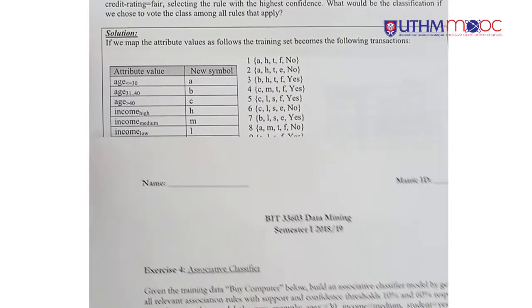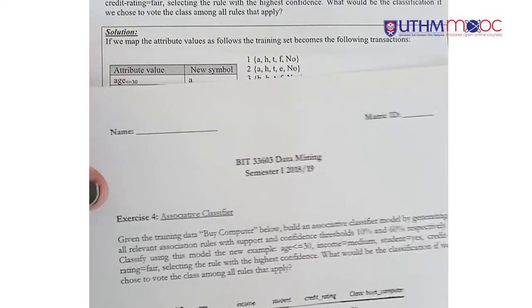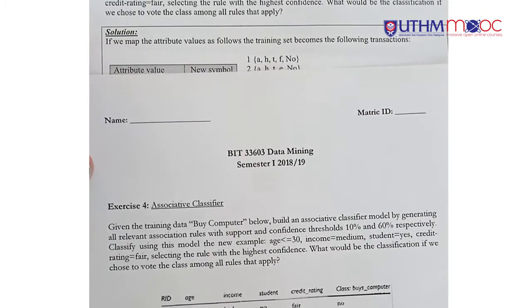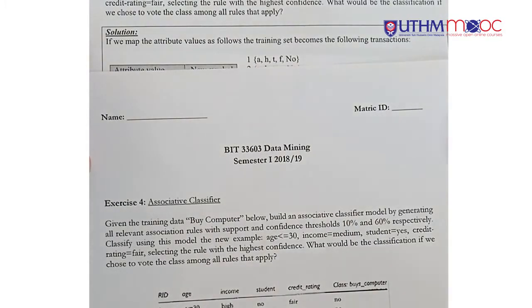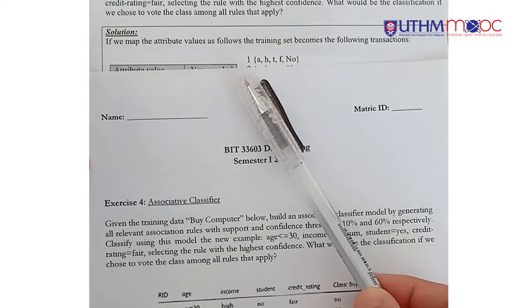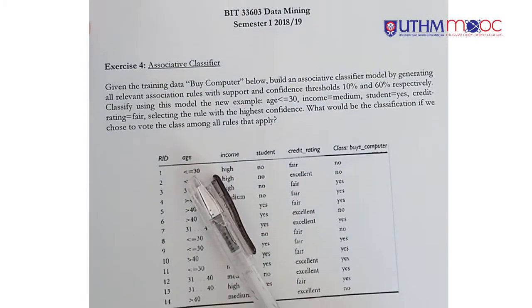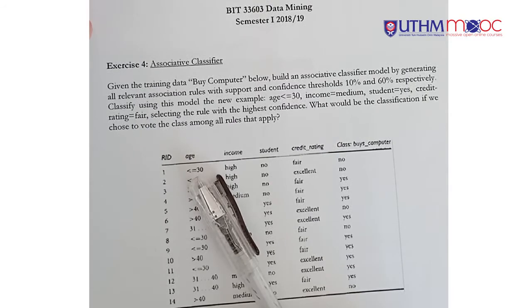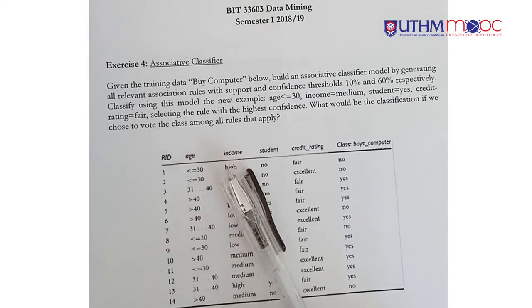Let's check the first transaction: A, H, N, F, no. A means the age is less than 30, and then the income is high.